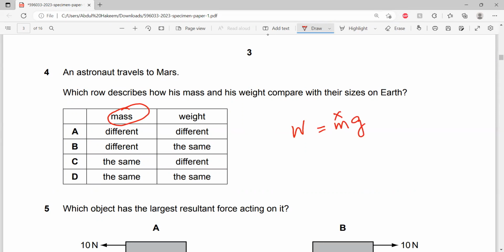When mass is constant, weight is directly proportional to g. The g of Mars is different from the Earth, so the weight of the object on Mars will be different. So we have to select mass same, weight different. So C is the answer: same mass and different weight.